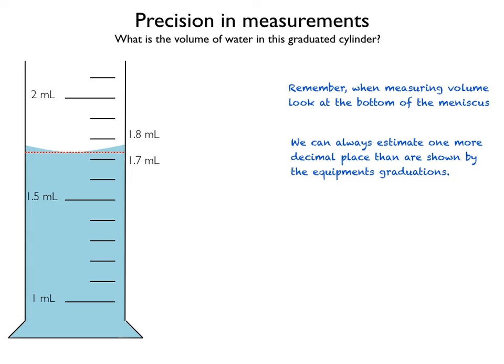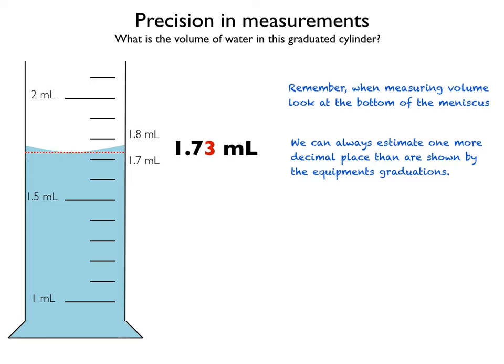Whenever we record a measurement, we can always estimate one decimal place past the smallest graduation. And what I mean by that is we can look at this and say we're above 1.7, we're less than 1.8, that bottom of the meniscus is less than halfway between them, so I might call that 1.73 milliliters.